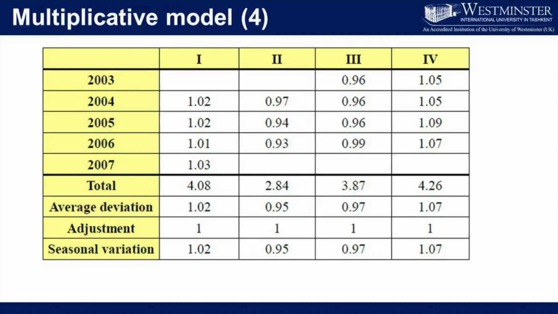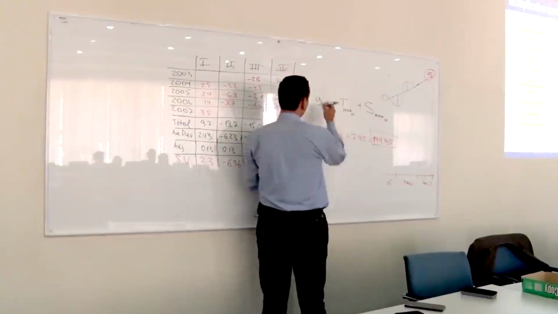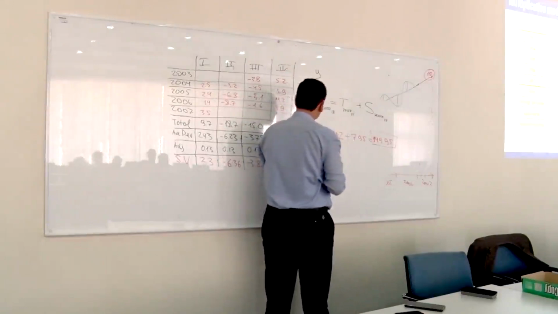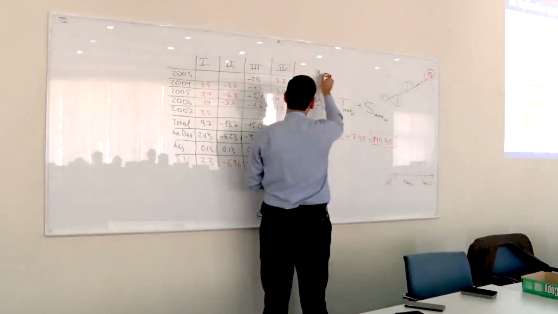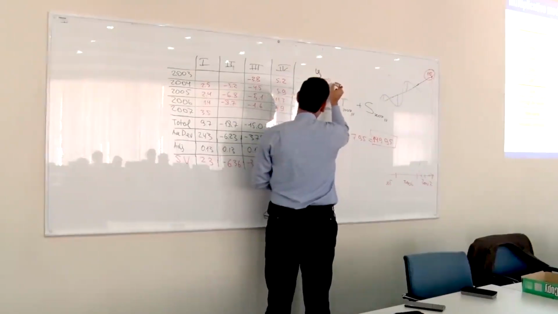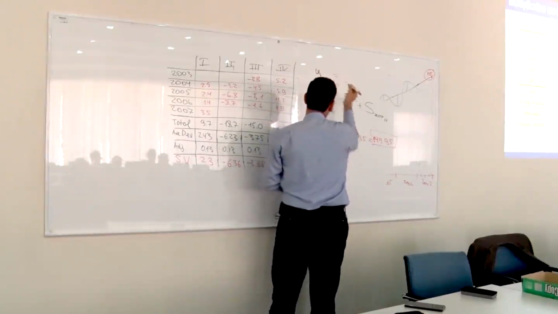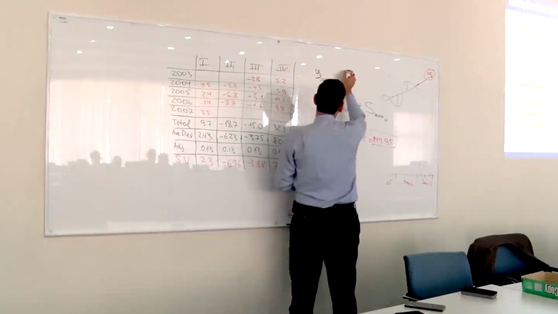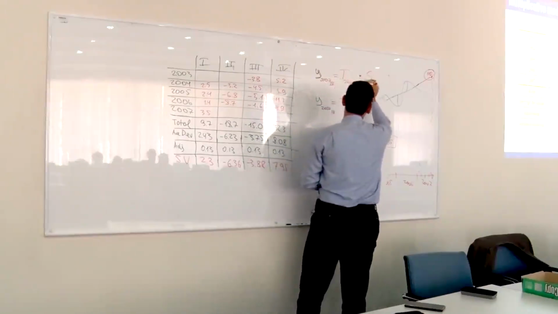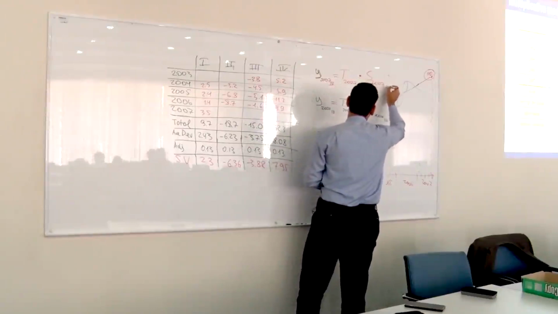So to find the actual data for 2007 quarter 4 using the multiplicative model, we do trend of 2007 quarter 4 multiplied by seasonal variation of 2007 quarter 4, okay?